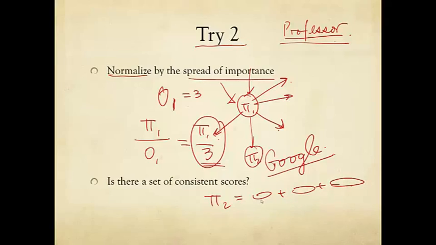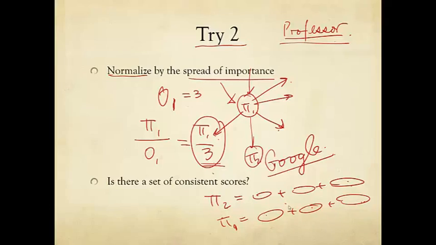Now each of these, say this involves pi 1, can also be written as the summation of normalized importance scores from its incoming neighbors. So on the left hand side I will have pi 1, pi 2 and all the pi's. On the right hand side I also have all these pi's divided by their outgoing number of neighbors. So I got pi's both on the left hand side and right hand side of this, I guess, linear equation system.